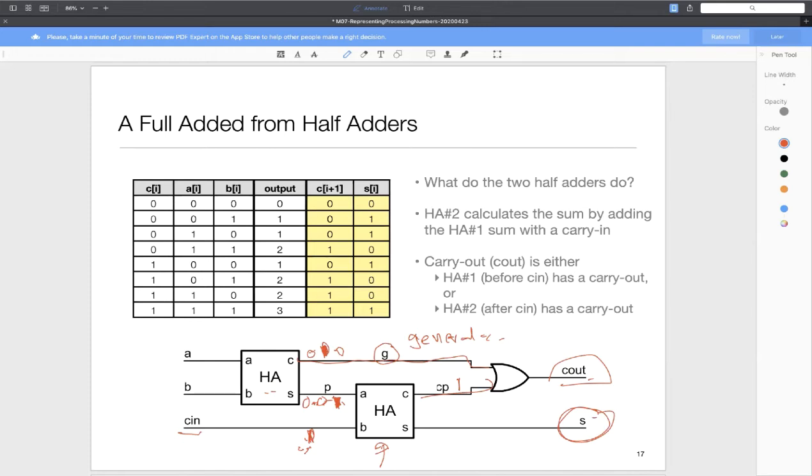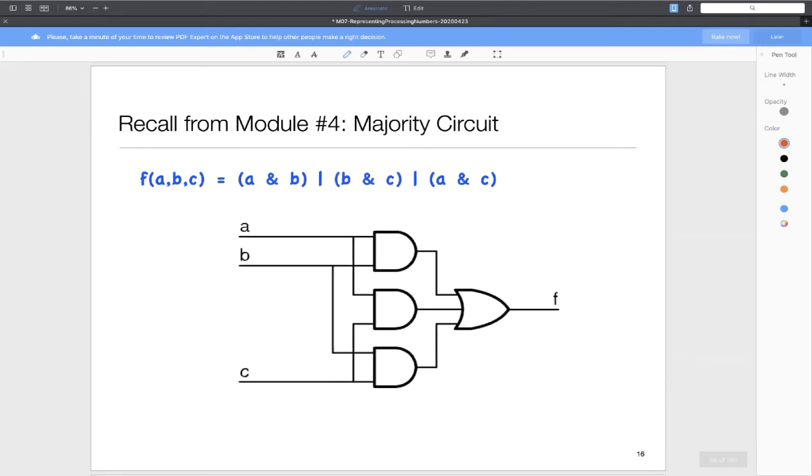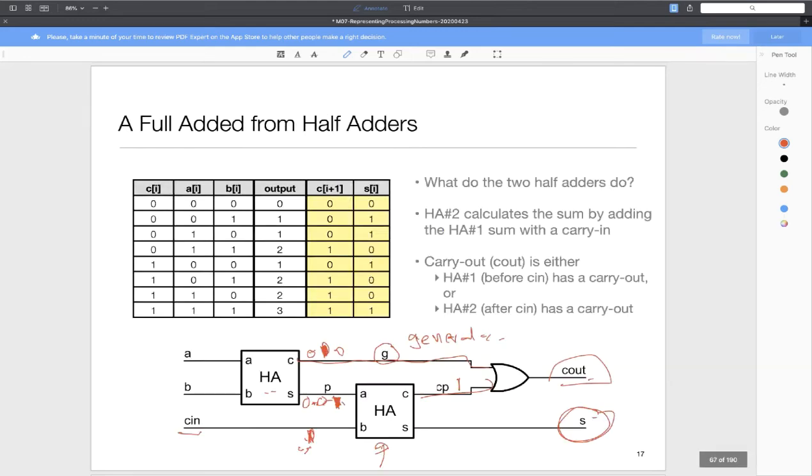Now, this is not a very efficient way of doing things, but it works. So I can use two half adders to form a full adder, or I can do it this way. If you care about efficiency, you'll probably do it this way, but mathematically, this is equivalent. Like I said, all it is doing is adding 2 bits at a time.